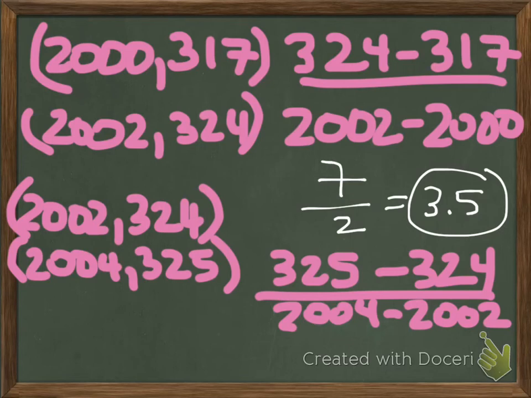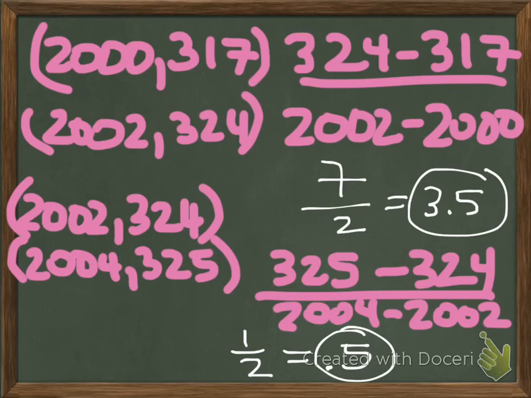So I get 1 over 2, which is just 0.5. Okay, and then I'm going to continue with the next 2 sets of points.